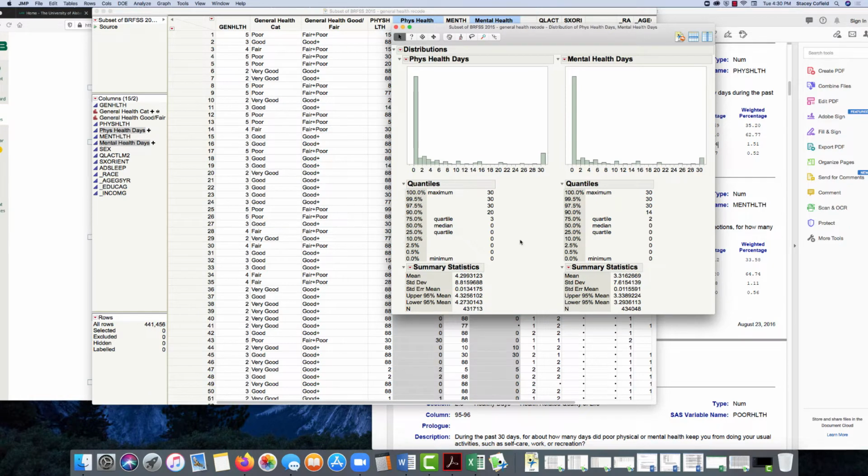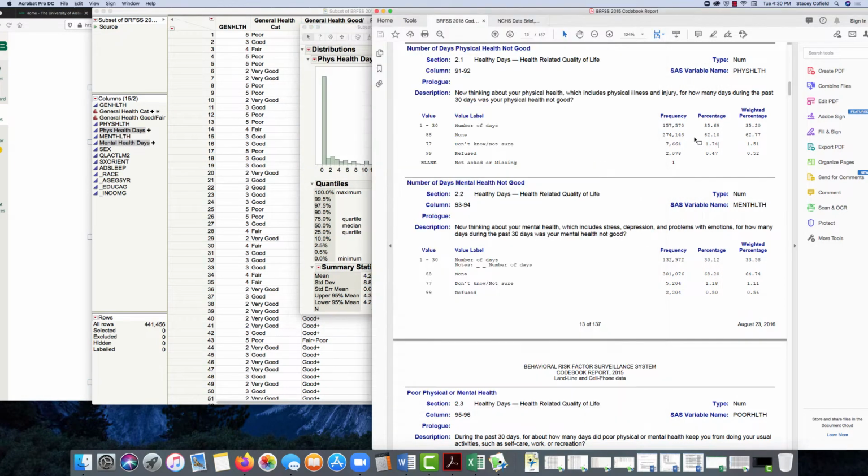So you can take a look now that our minimum value goes from 0 up to 30. So our question, remember, is out of the prior 30 days. So 0 to 30. You could do the math yourself here. So we knew what our total number was if I add these up.